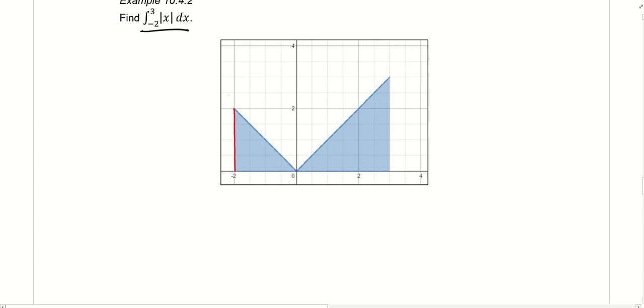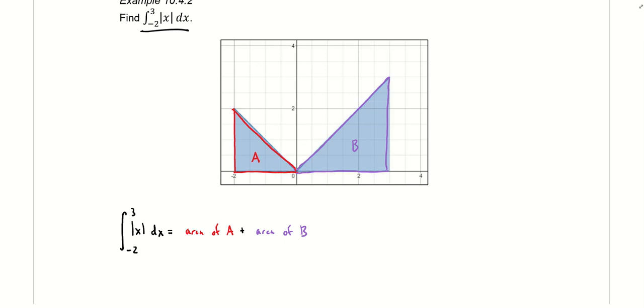This thing looks like a triangle, I'll label this piece A, and this thing looks like a triangle, I'll label this piece B. And so to emphasize that relationship between the definite integral and area, I can think of this definite integral from -2 to 3 of the absolute value of x as the area of triangle A plus the area of triangle B. So it literally is just the area defined by these 2 shapes, which are easy workable shapes in terms of area calculations. So we're just going to do this using geometry.